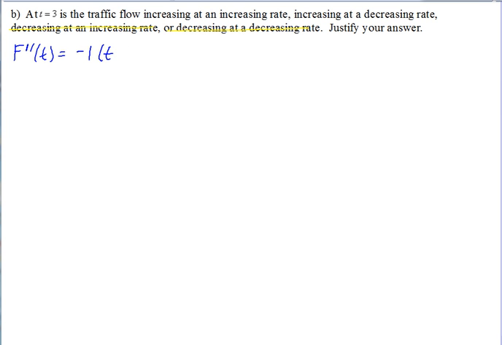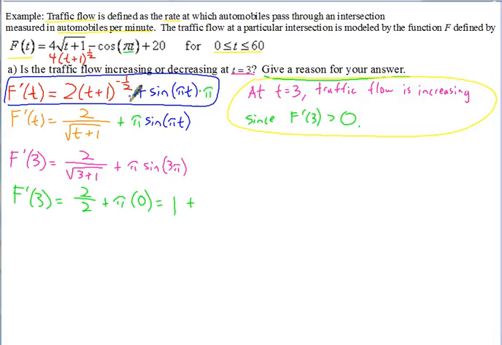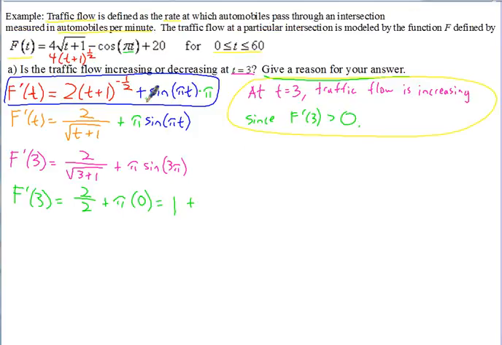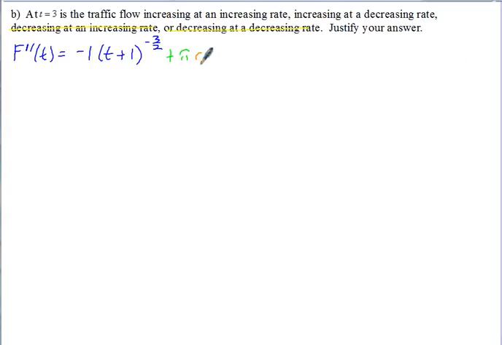And t plus 1 to the negative 3 halves, and the chain rule is just multiply it by 1, the derivative inside. And then if we just leave that pi out in front, right here, just bring out the derivative of sine, okay, we'll need the chain rule, is cosine pi t, but again, the derivative inside, the derivative of pi t is pi.